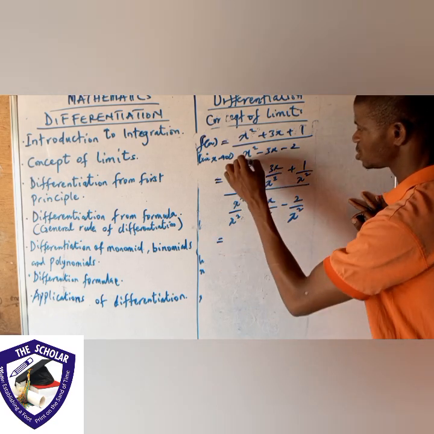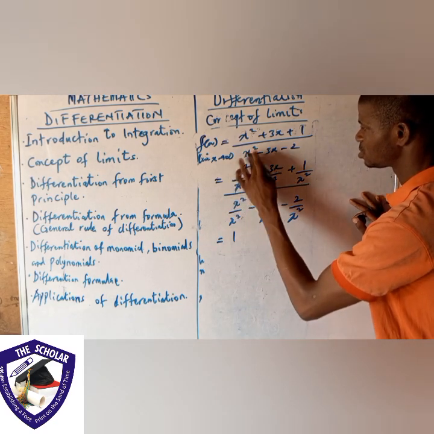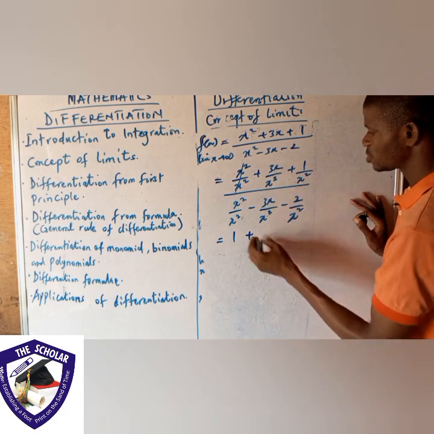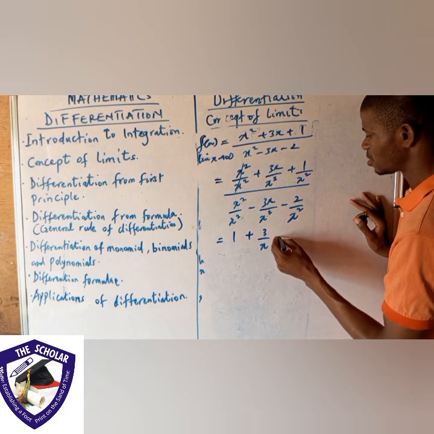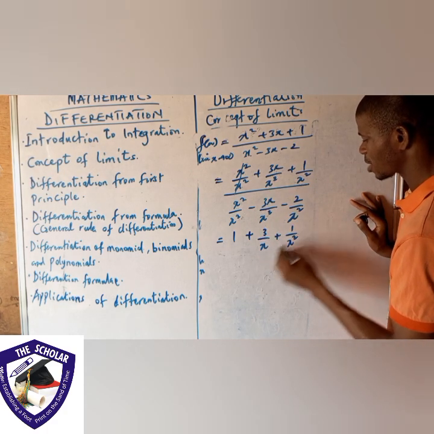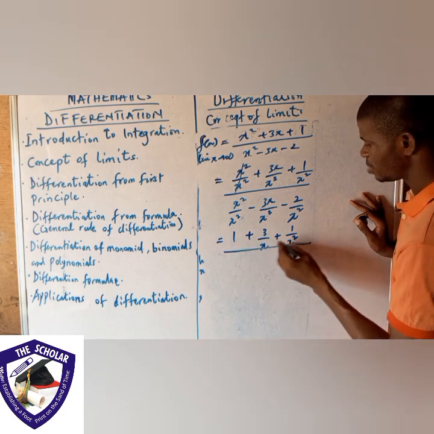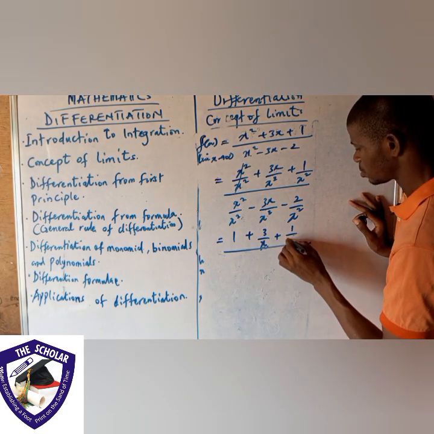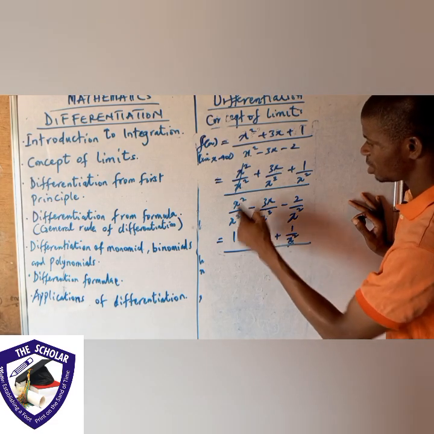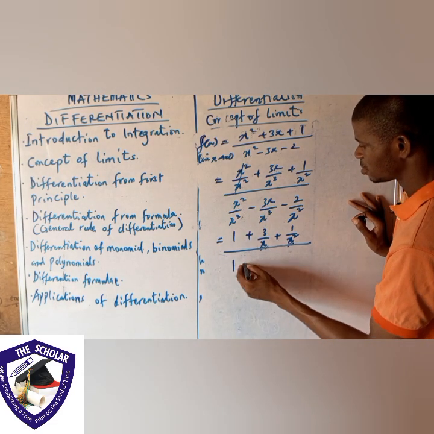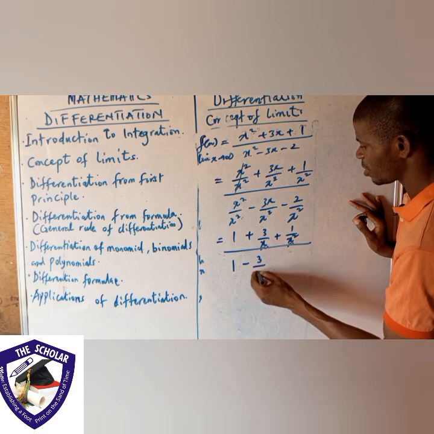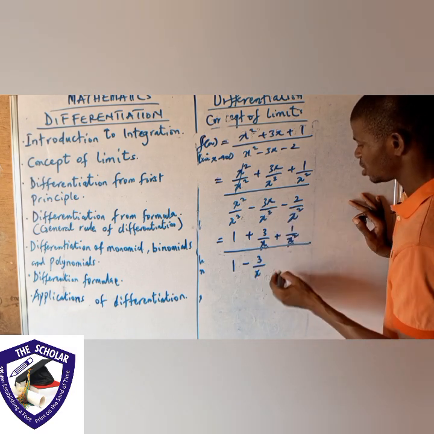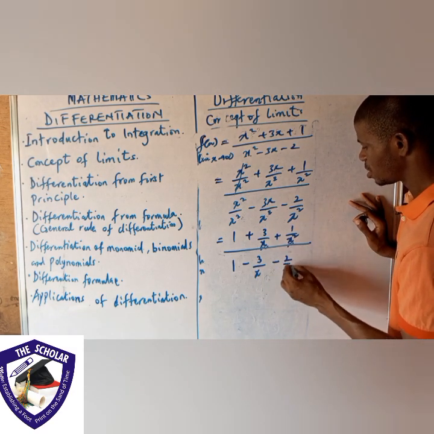That results in 1 plus 3 over x plus 1 over x squared, divided by 1 minus 3 over x minus 2 over x squared.